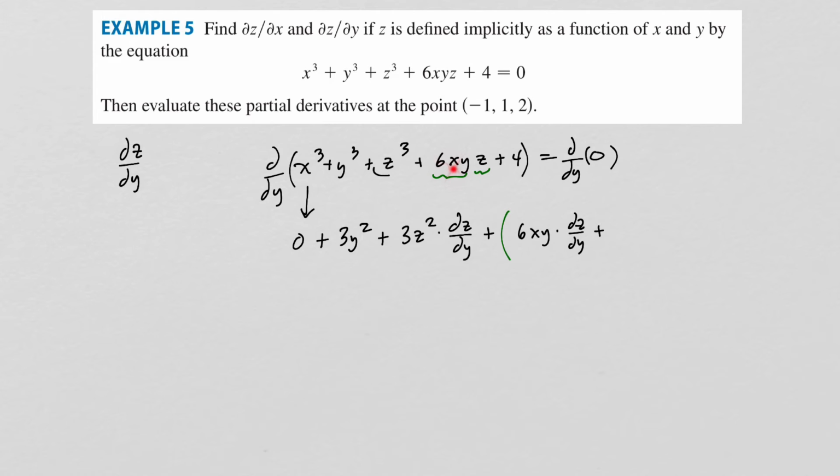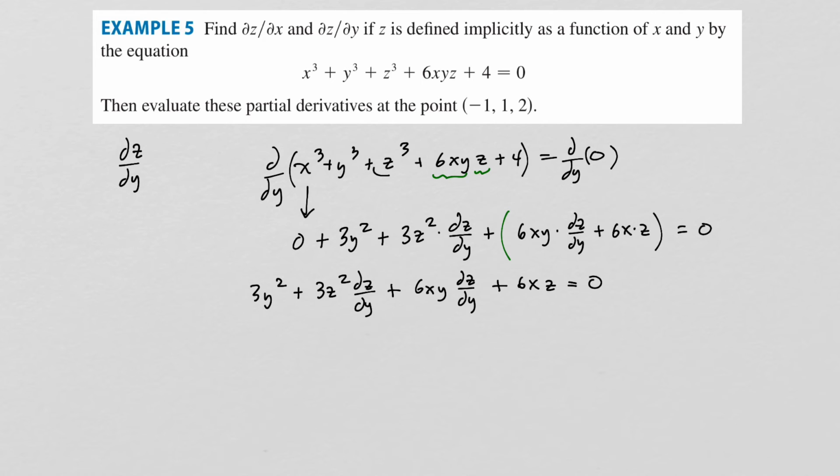So we get 6x times z. Derivative of 4 is 0, and the derivative of 0 is 0. So again, simplify. We have 3y squared plus 3z squared, partial z, partial y, plus 6xy, partial z, partial y, plus 6xz is equal to 0.